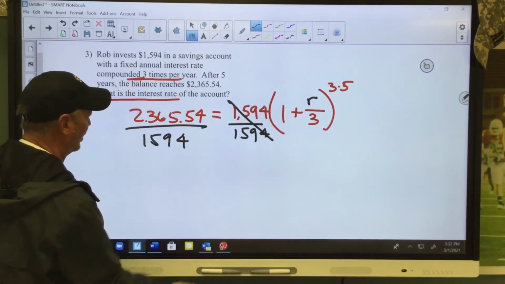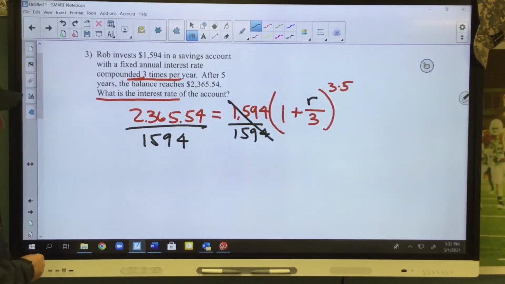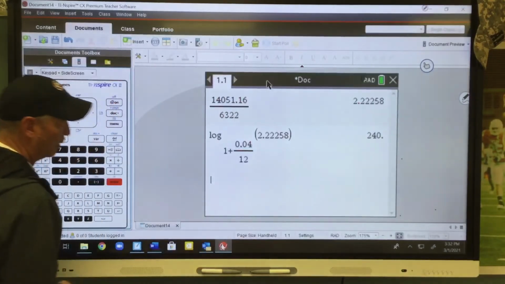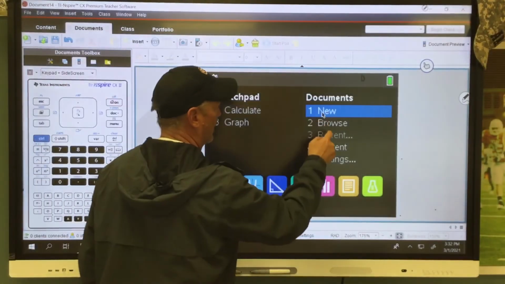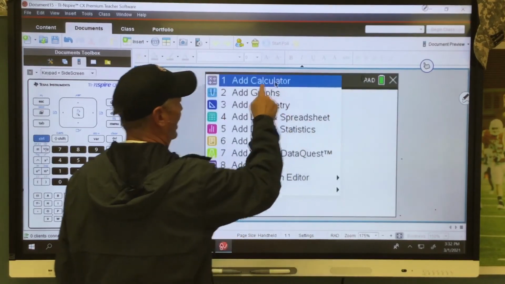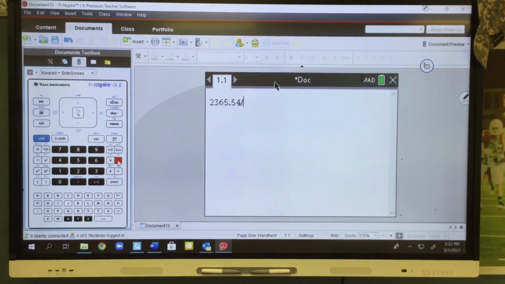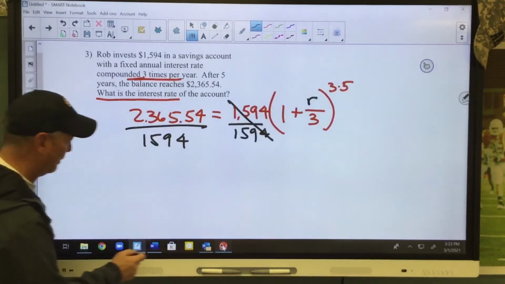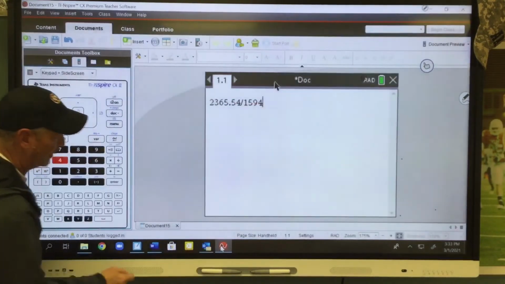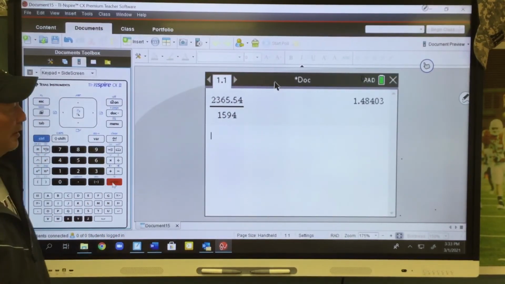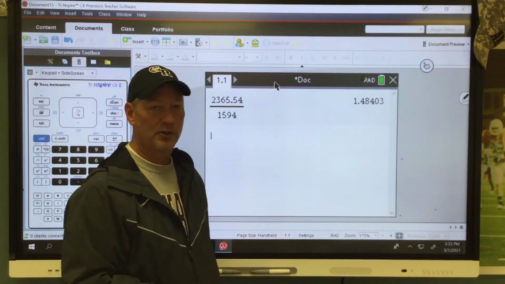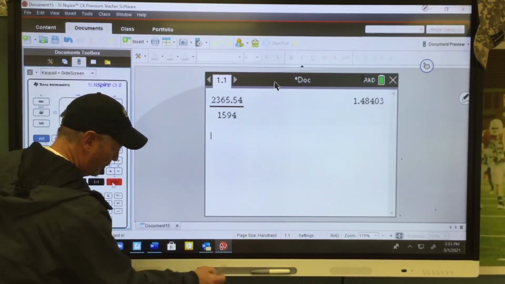Let's put this in our calculator: 2,365.54 divided by, okay, what did we say? 1,594. Let me check that real quick though. Yep. Enter. And that's going to give me 1.48403.